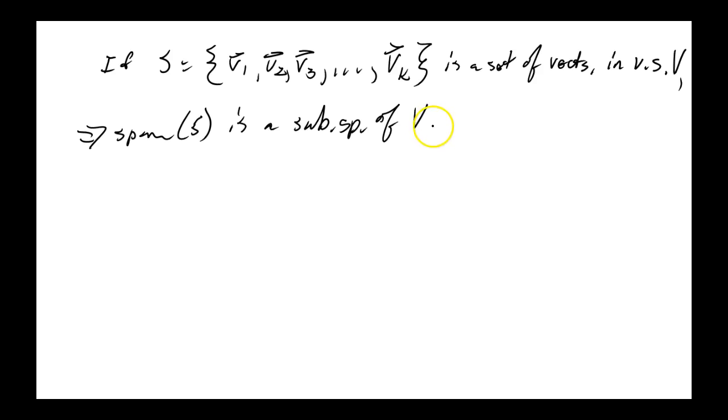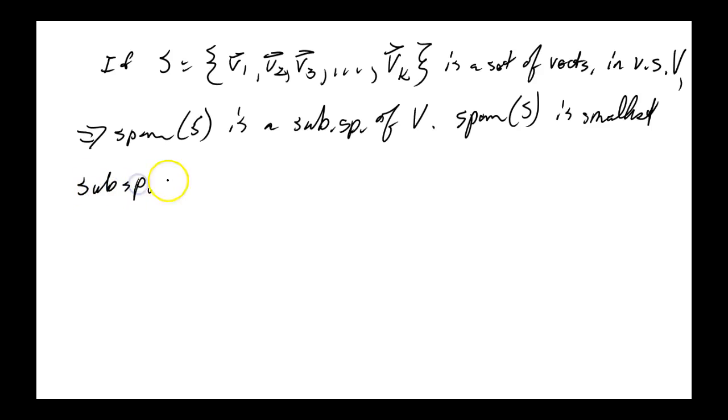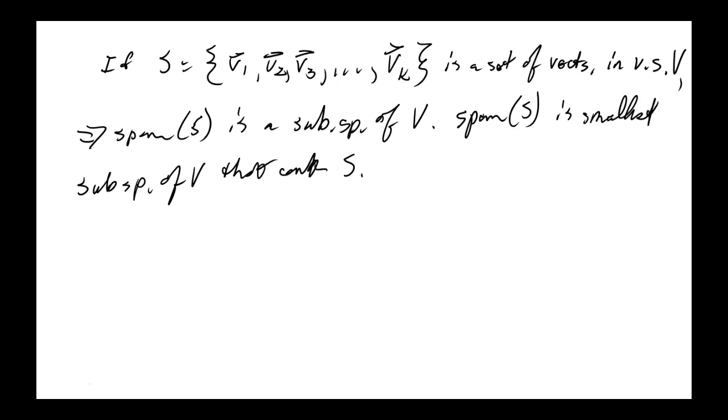Right. And then, moreover, in addition to that, the span of S is the smallest subspace of V that contains S, in the sense that every other subspace of V that contains S must contain the span of S. Now this, again, almost seems like it's circular here.